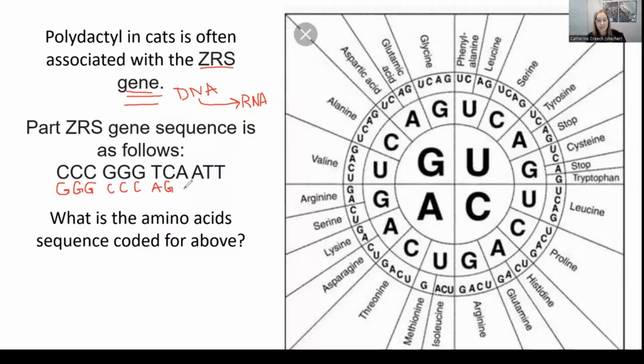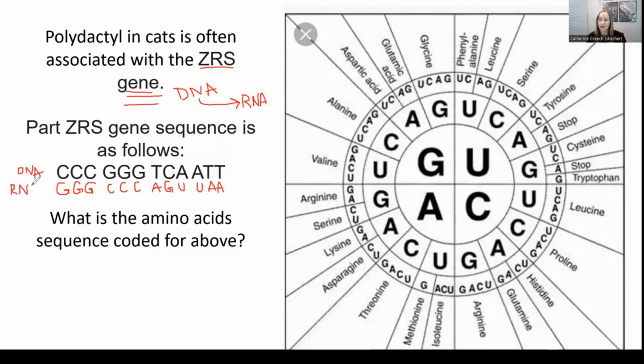If it was DNA, I would put a T here because A and T pair together, but it's not, it's RNA, and so I'm going to put a U. So next one is U, and then A. So this is my DNA sequence here, and I just transcribed it to RNA.